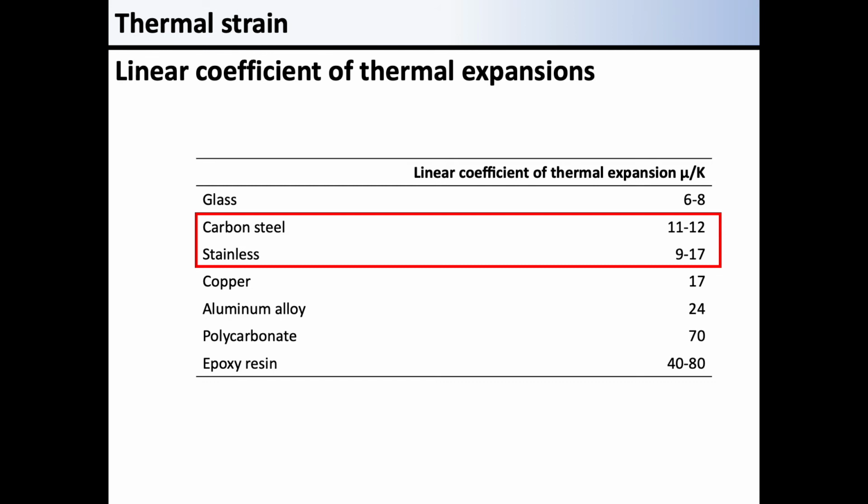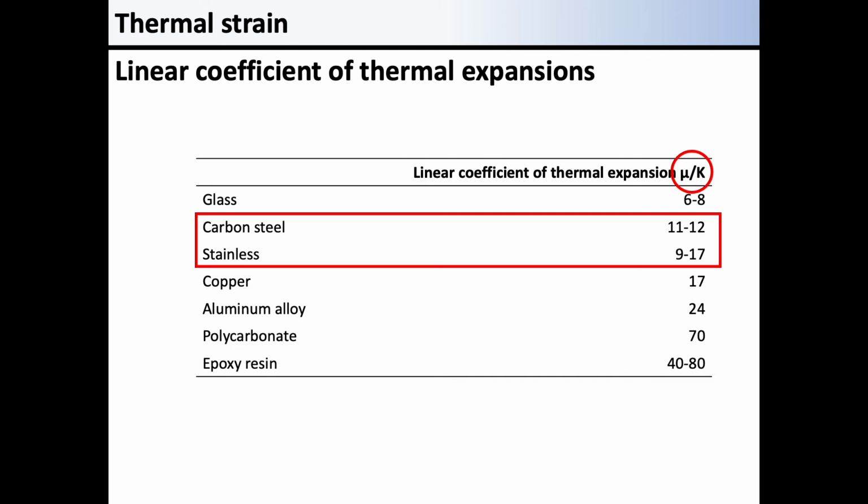Here, you should be clear with these units. You may recognize the value of 11 micrometers is very small. It is true that the elongation is small when the temperature changes only by 1 degree. But when the temperature changes by 10 degrees or 100 degrees, the thermal strain is so large that we cannot ignore.